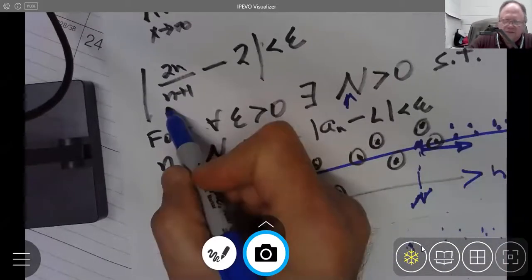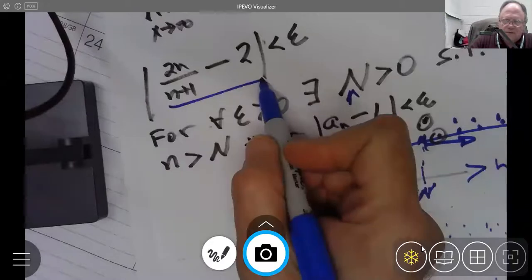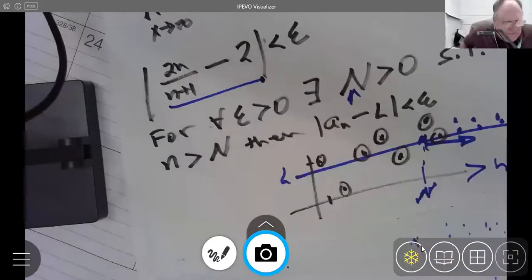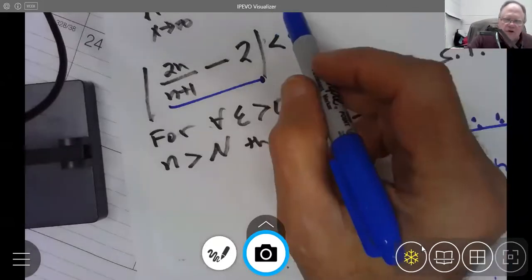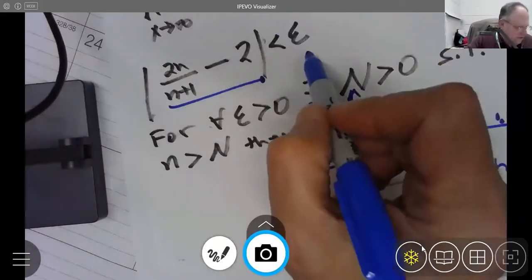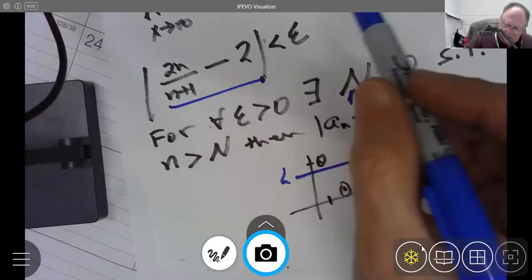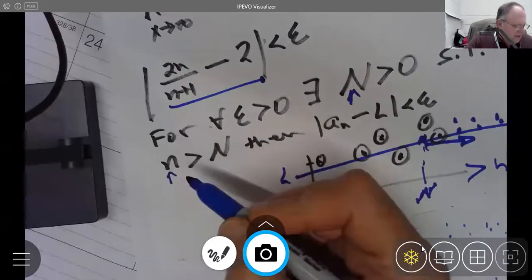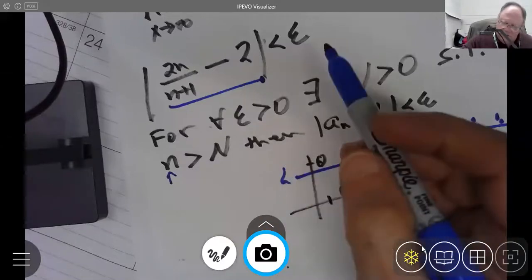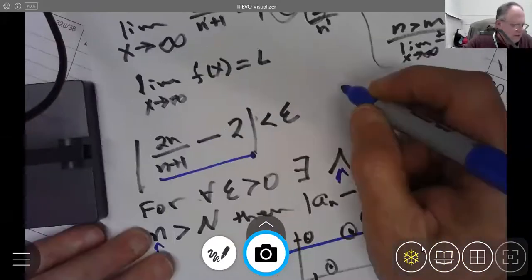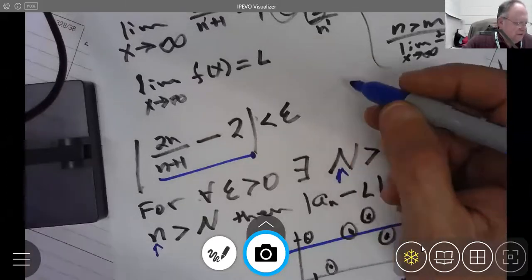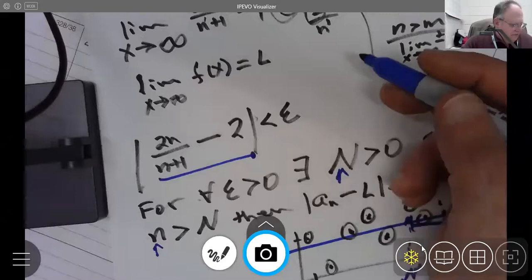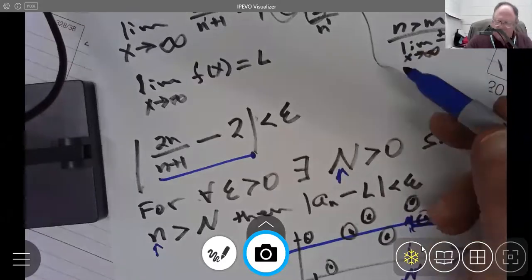What we want to do here is solve for n. When we do that, that'll give us our lowercase n, and from there we can substitute that back in and go ahead and write our proof.